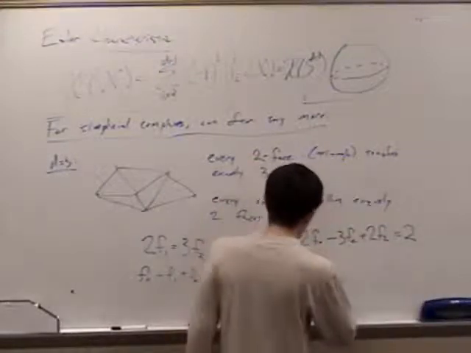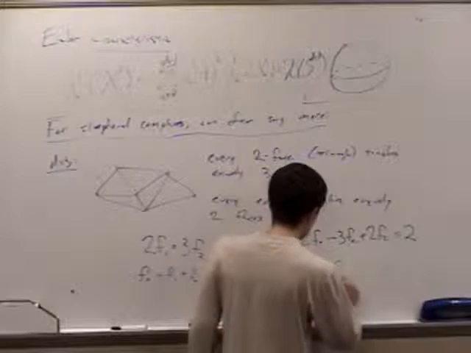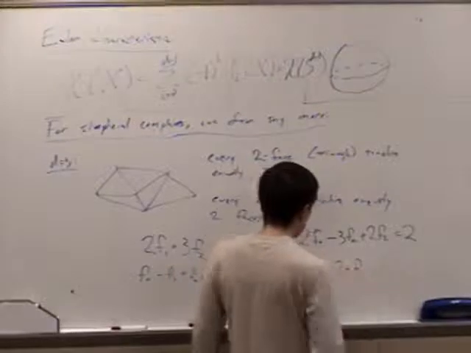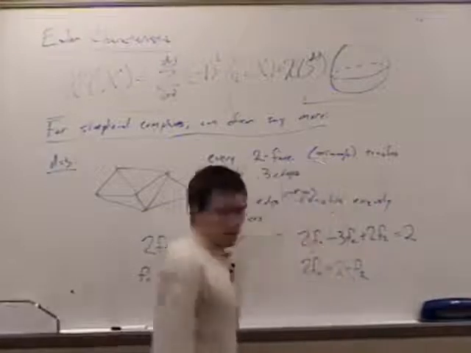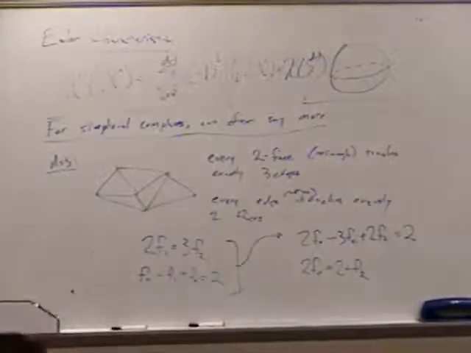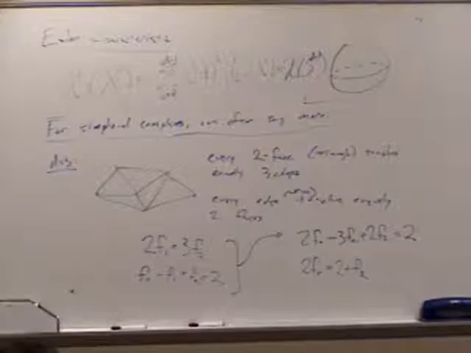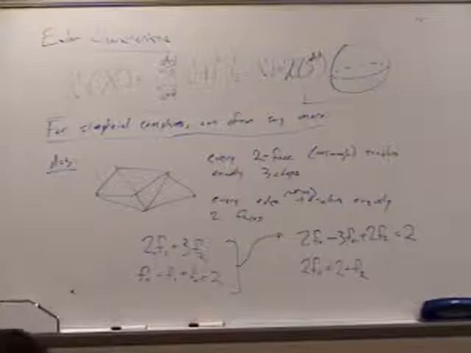So we have 2f0 is equal to 2 plus f2. Did I do that correctly? Minus 3 plus 2. Yeah, I think that's right. Oops. I want to make sure I have the right page here so I don't make a typo.